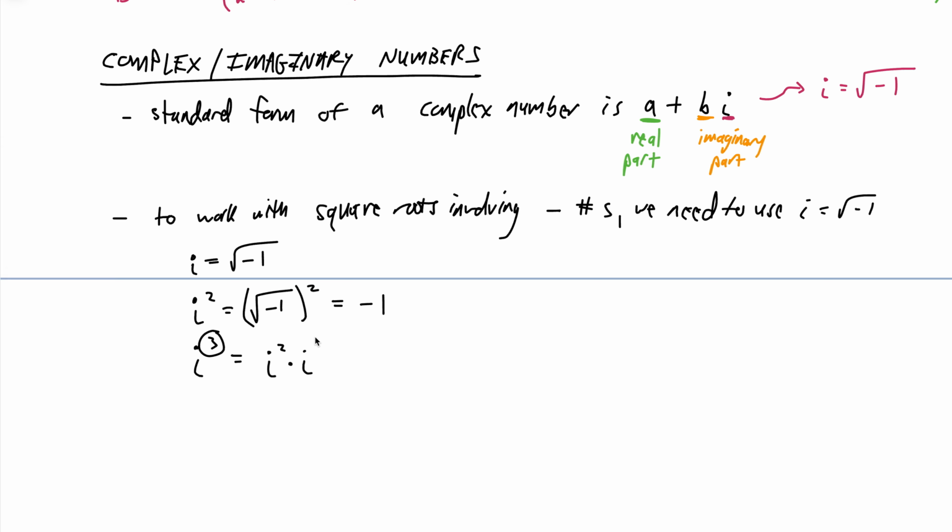Multiplying the same base adds the exponents, 2 plus 1 gives us 3. And since i squared is -1 and i is just i, this would be -i. Then i to the 4 is i squared, squared. Power to a power, you multiply, so that would be 4. i squared is -1, squared gives me +1.